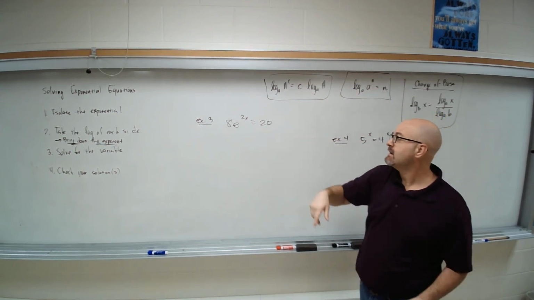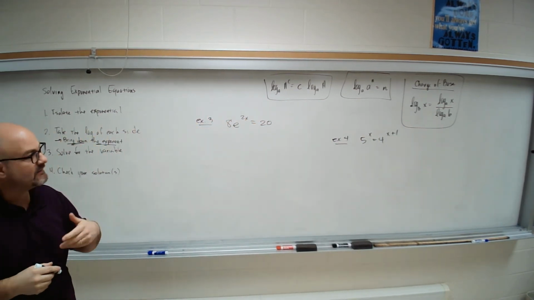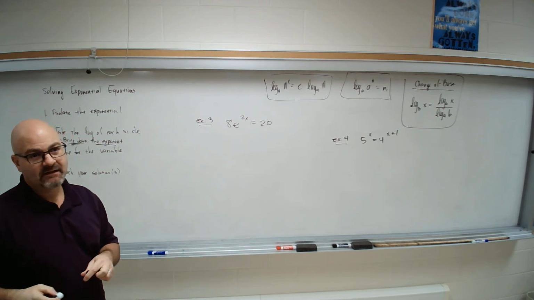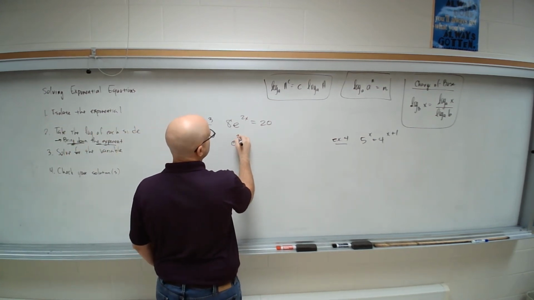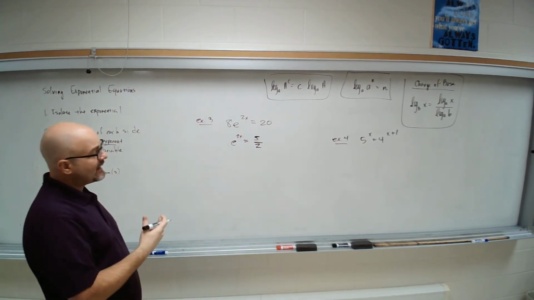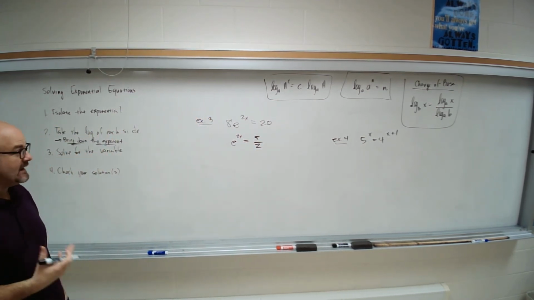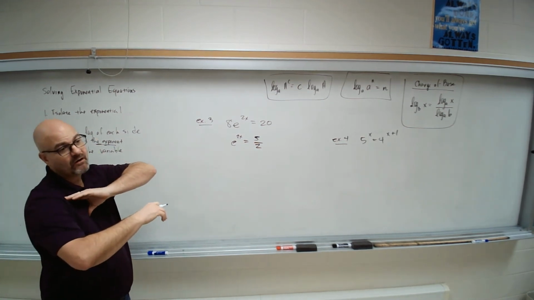Right, so here, first step is to divide by 8. So 20 divided by 8, 5 halves. Is that 5 halves? So e to the 2x equals 5 halves. Now at this point, I have isolated the exponential, but we want to take some sort of log of both sides.